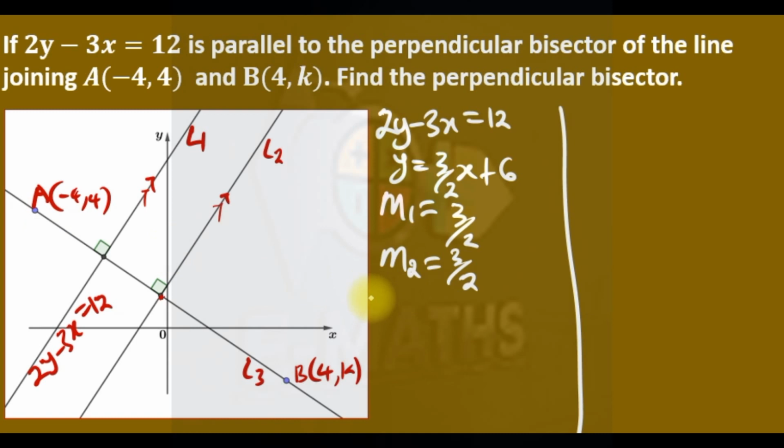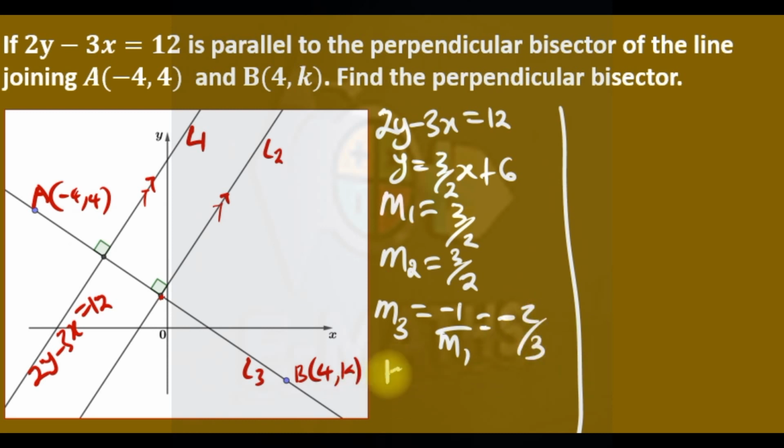For line 3, the slope is always -1 over the slope of m1 or m2, any of them. So that is minus 1 over 3 over 2, which is minus 2 over 3.